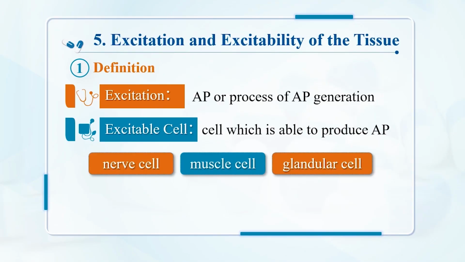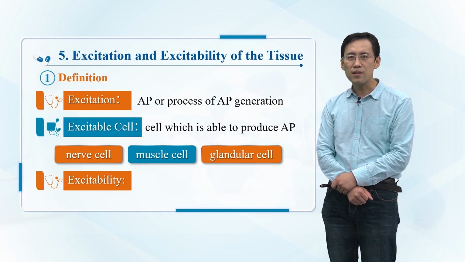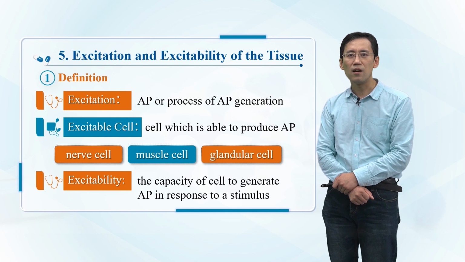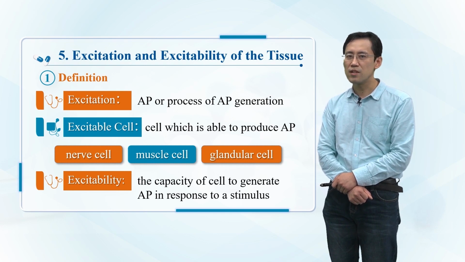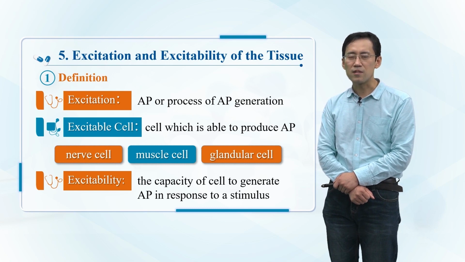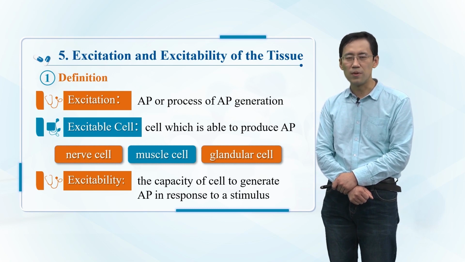That includes nerve cells, muscle cells, and glandular cells. Excitability is the capacity of the cells to generate action potential in response to a stimulus, any kind of stimulus.